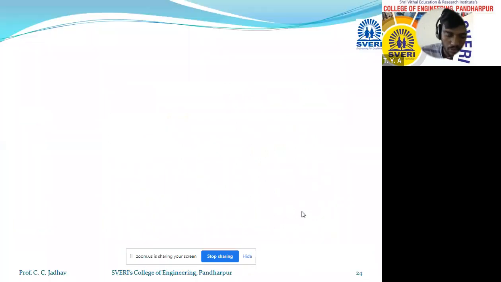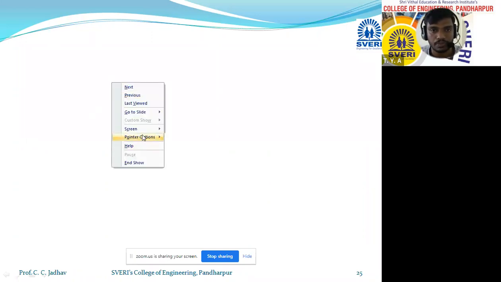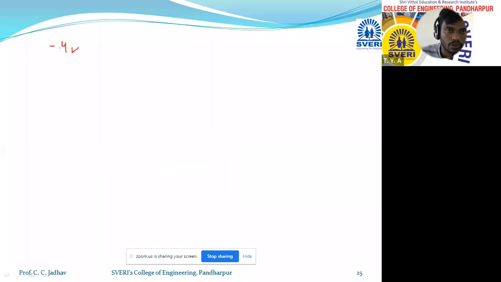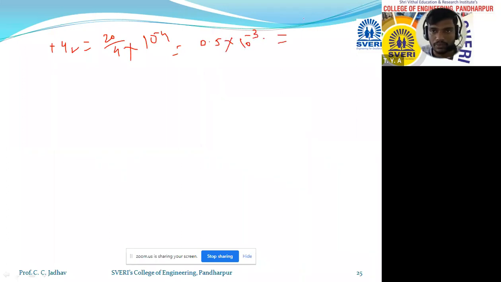So u2 is equal to 20 by 4 into 10 raised to minus 4. So 0.5 into 10 raised to minus 3. You can write it as 5 into 10 raised to minus 4 as well.